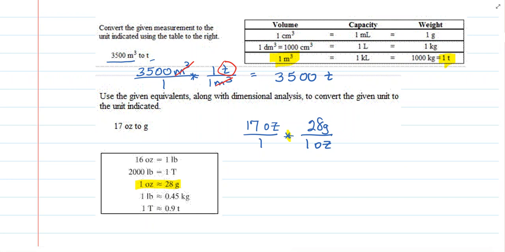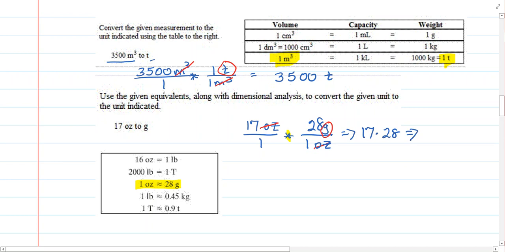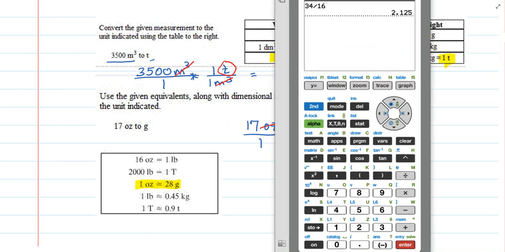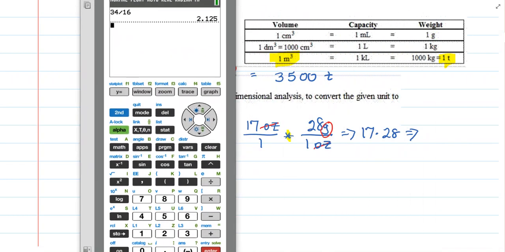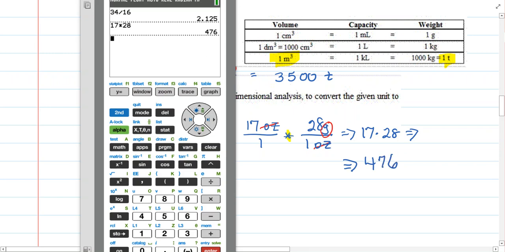All right, so my ounces cancel and I get grams. And then that gives 17 times 28. And now I'll use my calculator. That's a little more math than I can handle at the moment. So I'm going to have 17 times 28 and I get 476, and I ended up with grams.